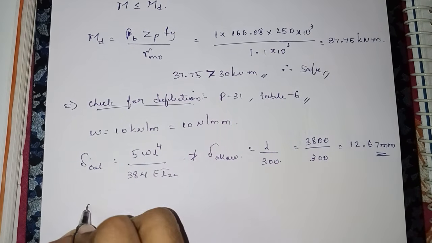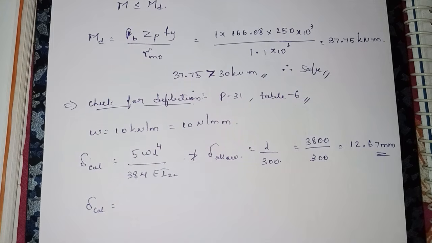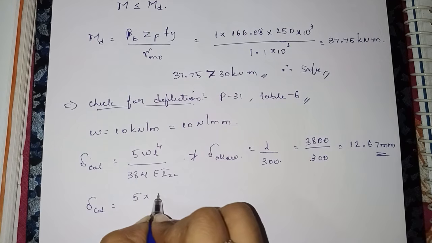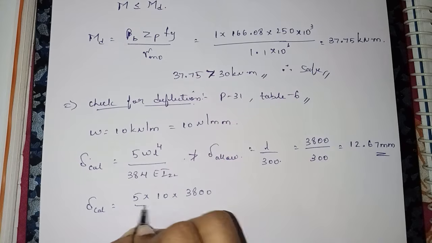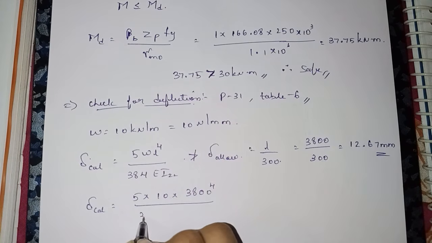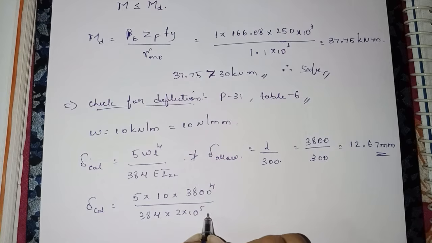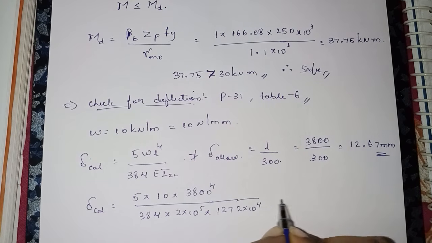Now we'll calculate the calculated deflection. So it is 5 into W is 10 into L is 3800 divided by 384 into E is 2 into 10 raised to 5, Young's modulus E, into IZZ. You will get it in your steel table, 1272 into 10 raised to 4.